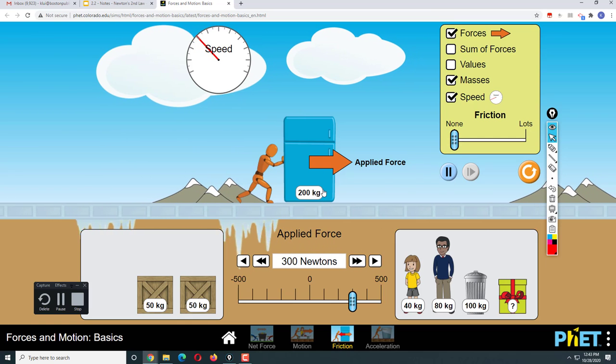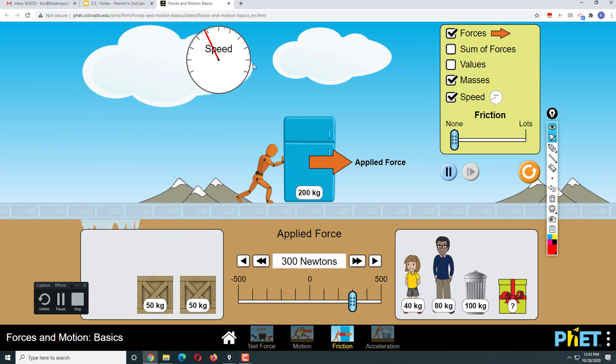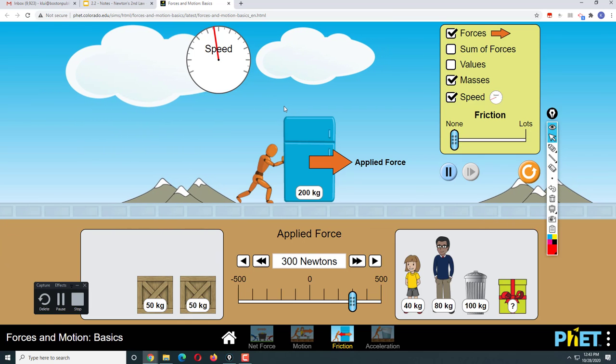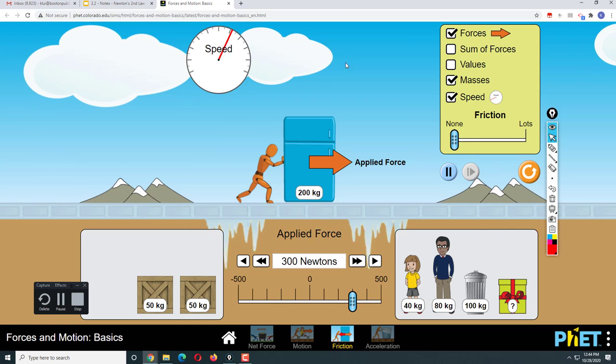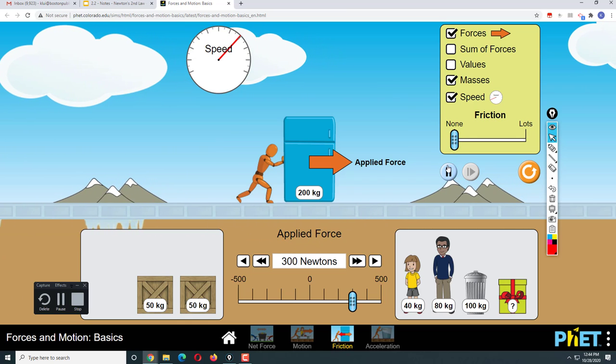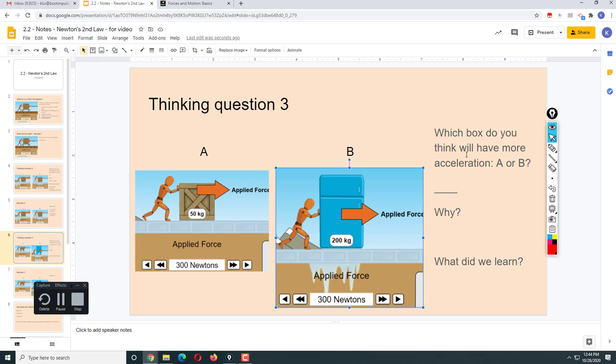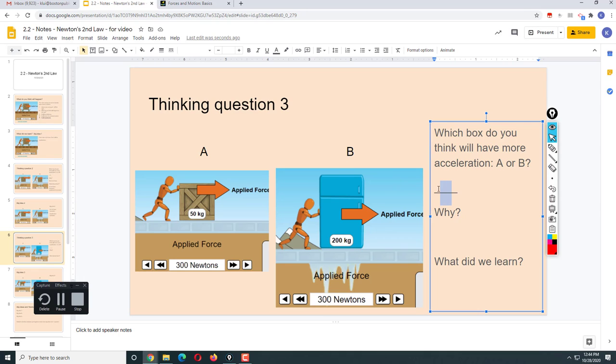As we can see with a bigger object, the acceleration is smaller. It's still speeding up, but not so quickly. So which one will have more acceleration? Well, A. Why? Because A has less mass. So what did we learn? More mass, less acceleration.